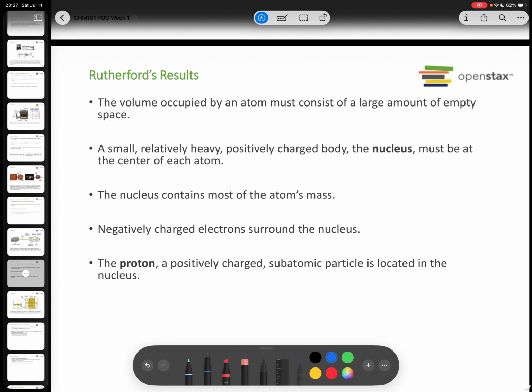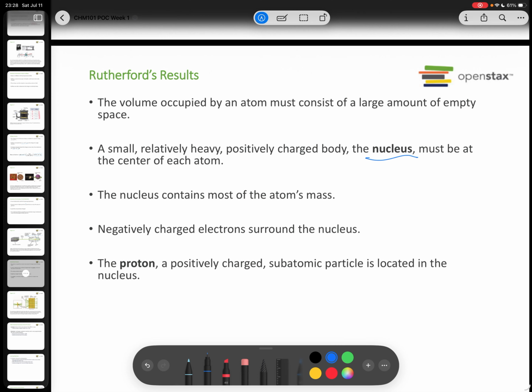So, Rutherford concluded that most of the atom is empty space. Okay? So, that explains why most alpha particles pass through the gold foil. No? Tumagos lang diretso. So, walang tinamaan. He also concluded that the atom contains a small, dense, positively charged center na tinawag niyang nucleus.